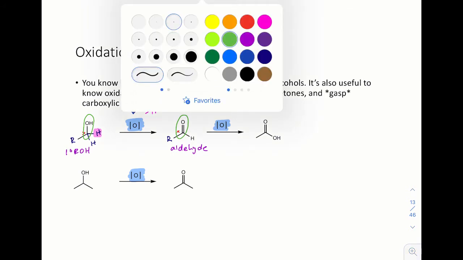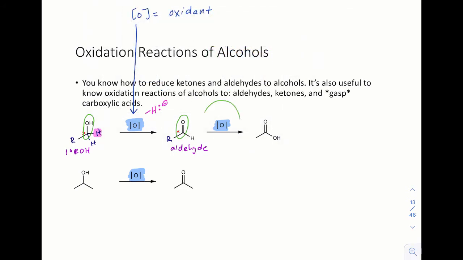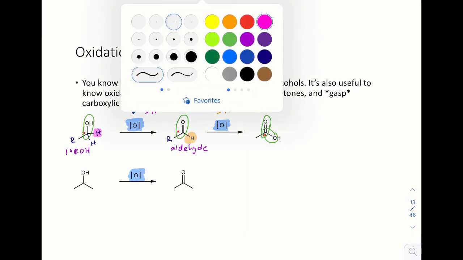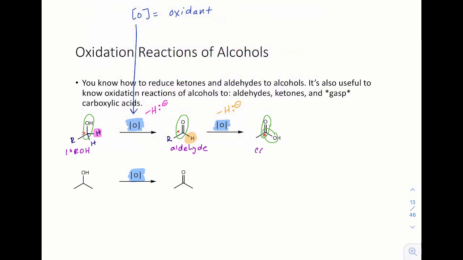Now, under some conditions, that same magical oxidant, whose chemical identity we will learn later, may continue to oxidize that carbonyl carbon by removing another equivalent of hydride to generate a functional group that we have not talked very much about yet, and that is the carboxylic acid.